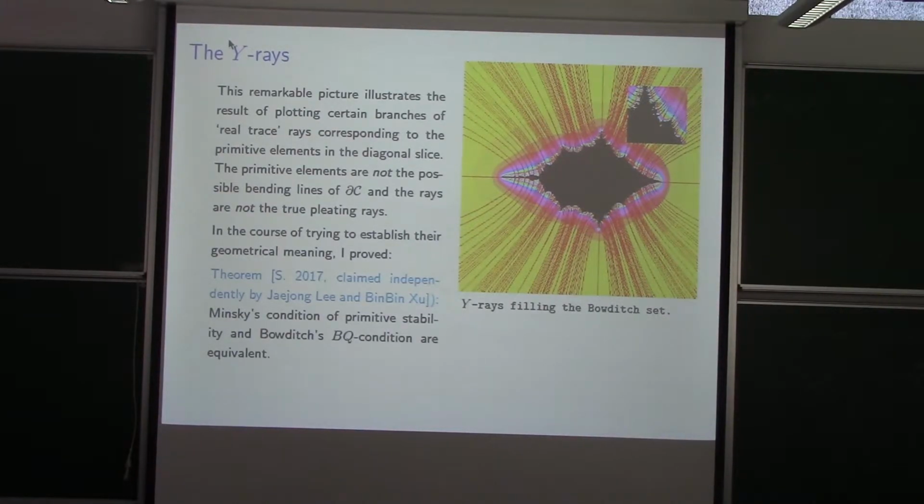Because they are not the correct pleating rays. If you go through the theory, these primitive elements do not correspond to simple closed curves on the boundary of the Hamer body that we started with. So they're not the right things to be looking at. It's kind of confusing, but they're not.